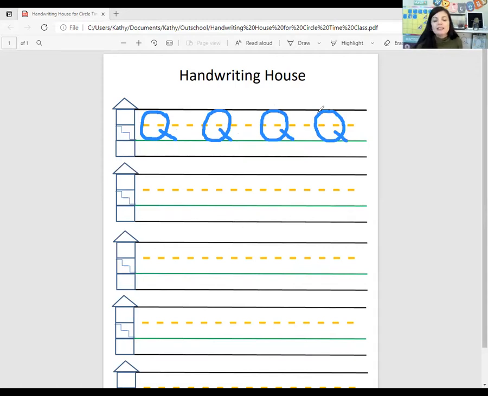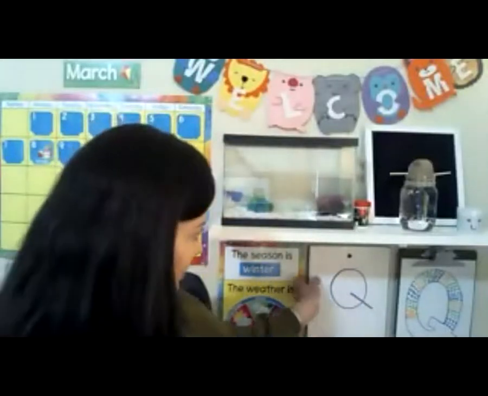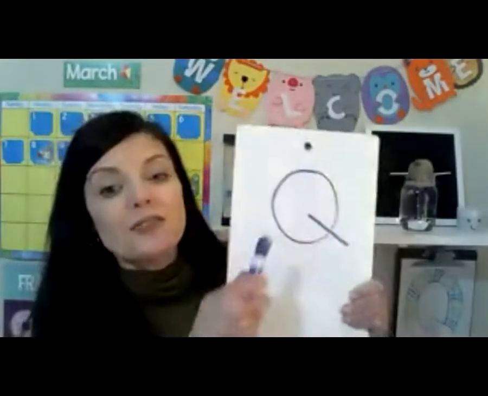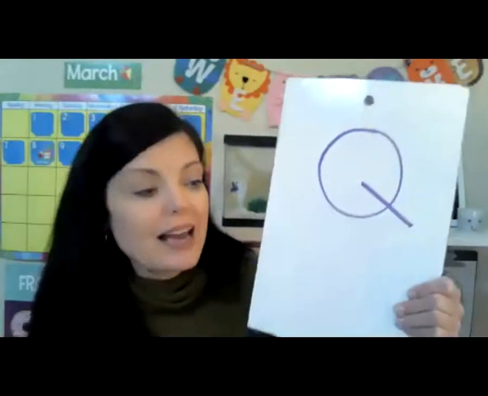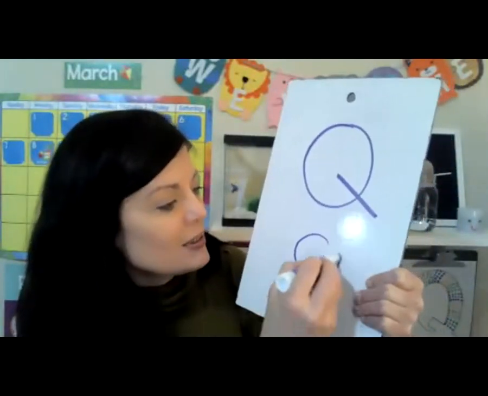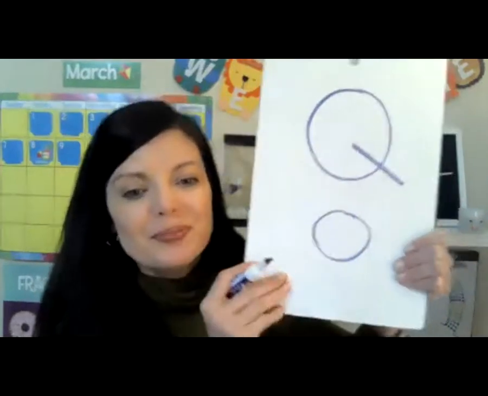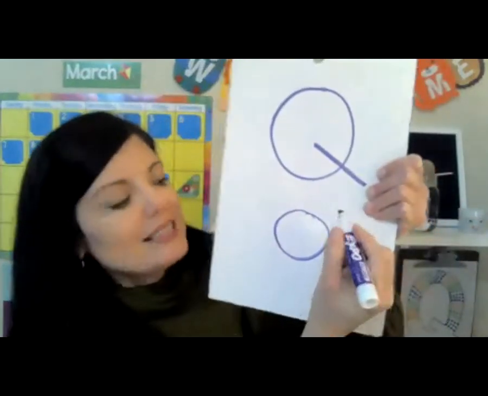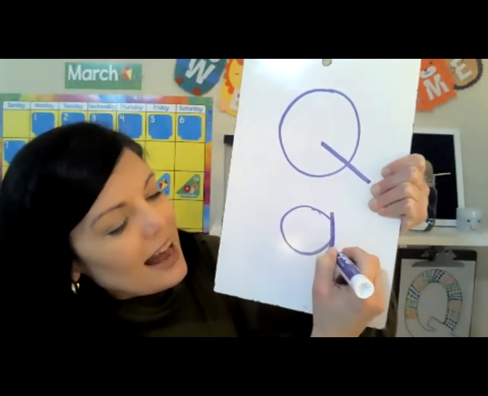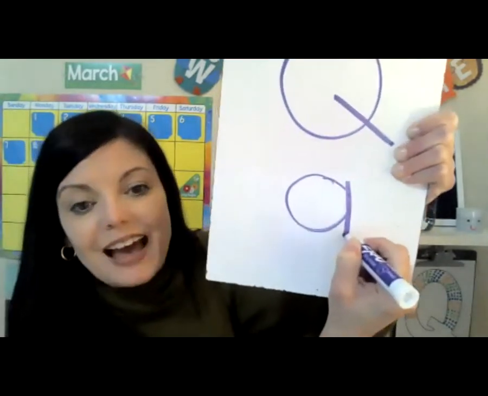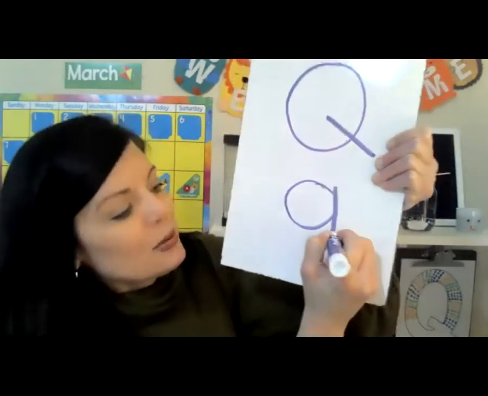Okay, so now let's talk about the lowercase letter Q. If the uppercase Q used a big O, the lowercase q is going to use a little o. And then we're going to go right beside the O, and we're going to make a line that goes down right beside it. Hey, that looks like an A. But don't stop there.